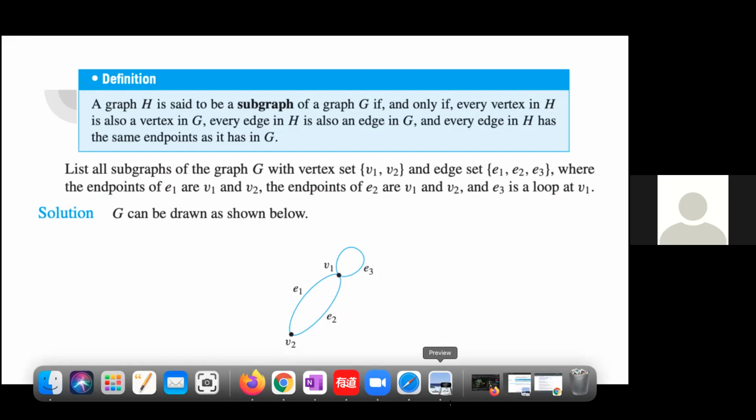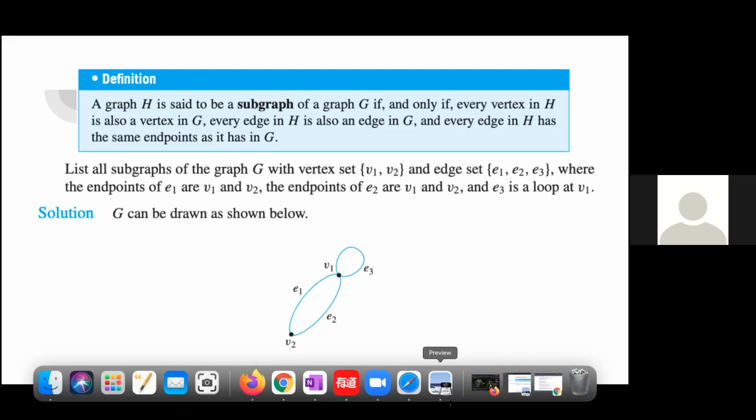So I'm going to talk about the concept of subgraph. Actually, don't be scared by the new definition. Just make a connection back to what we learned before in set theory: the subset and the original set. The subgraph is nothing more than a subset of the original set.